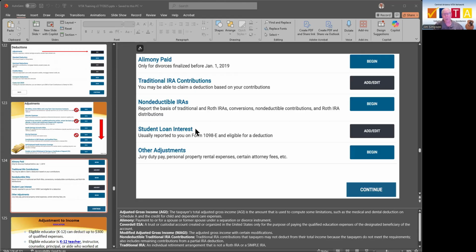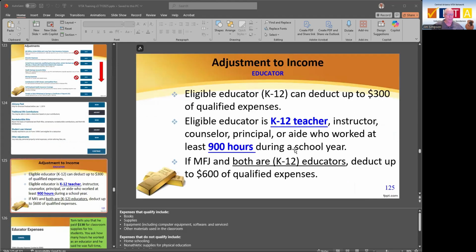So we will start seeing these forms called 1098-E for a student loan interest deduction. And I believe one of the tax returns that you have to do for your test has one of these 1098-Es on it too. Then there are other adjustments. I can't really think of where we would do any of those, so I won't talk too much about that.